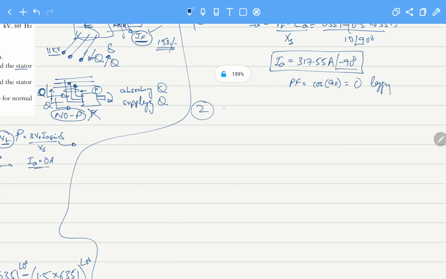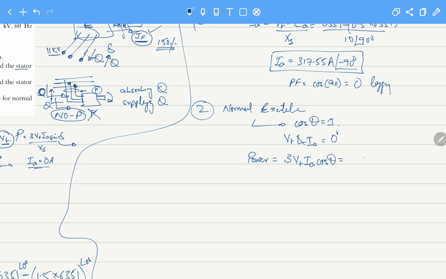So for normal excitation we have cos theta equals 1, or the angle between Vt and Ia is 0 degrees. Here the power the motor is absorbing is 3 Vt Ia cos theta, which equals 80 kilowatts, that is 80,000 watts.